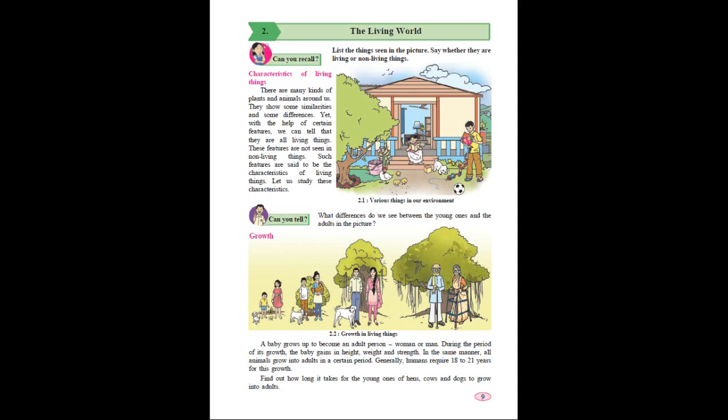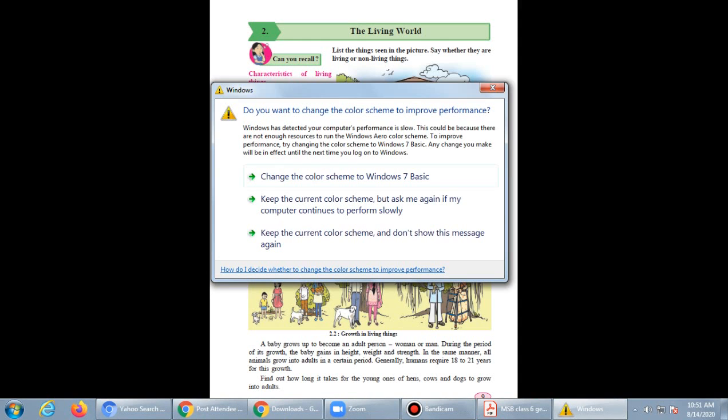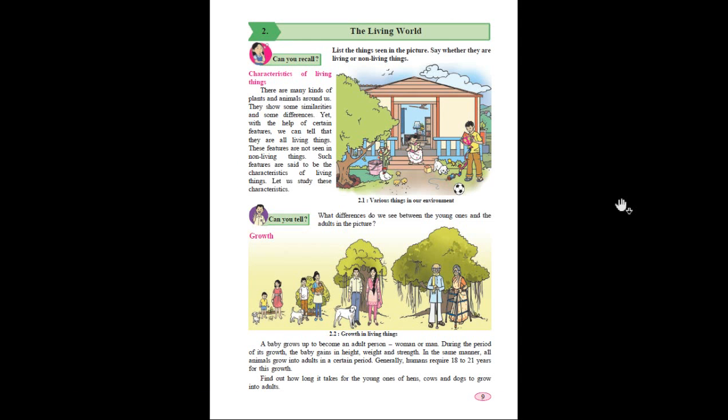In the third picture are adults, like your mama and papa's age, and one older person, like your grandfather or grandmother. So living things also have different stages: childhood, then younger, then adult, then older, right?